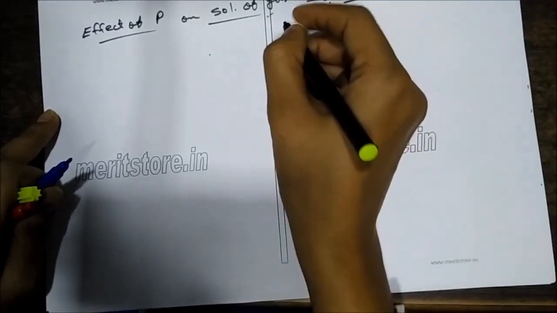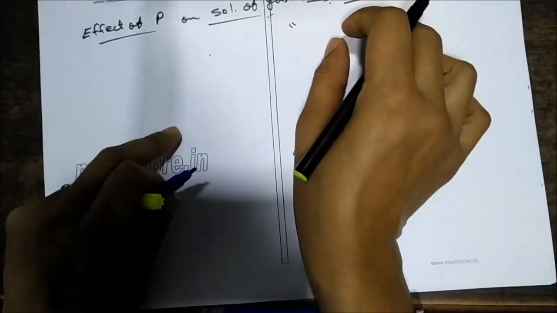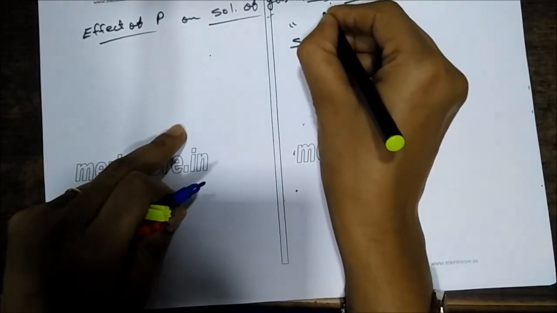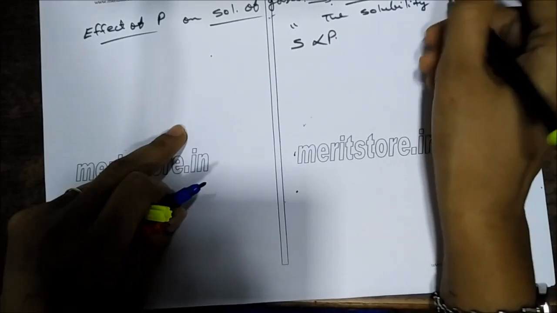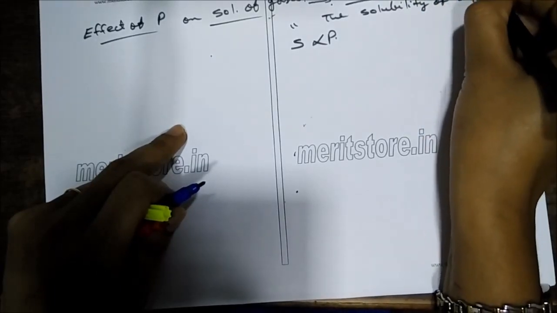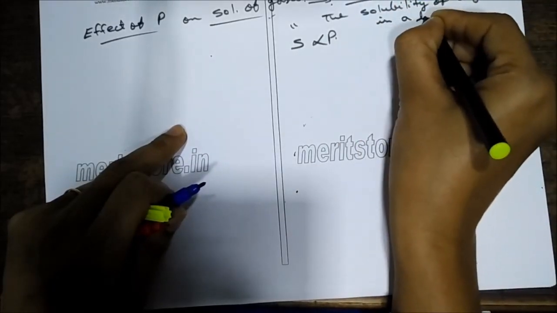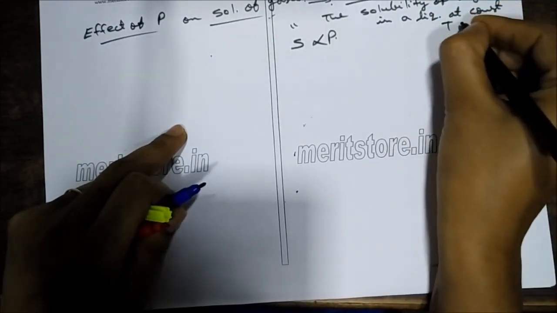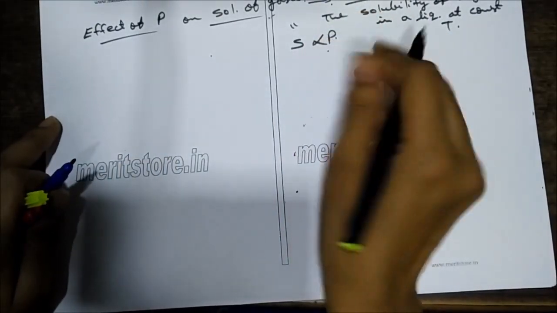According to Henry's law, the solubility of a gas in a liquid at constant temperature is directly proportional to the pressure of the gas above the solution.